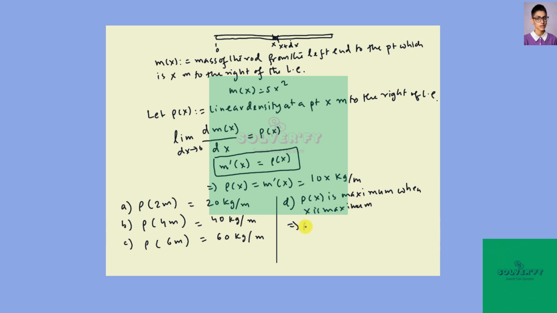This implies rho(x) is maximum at the right end of the rod. Similarly, since the linear density is increasing to the right, we can conclude that the linear density will be minimum at the left end of the rod.